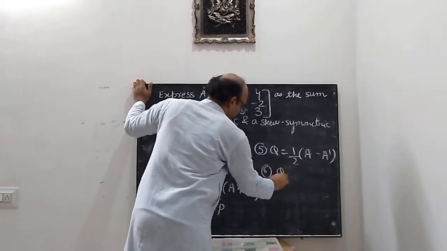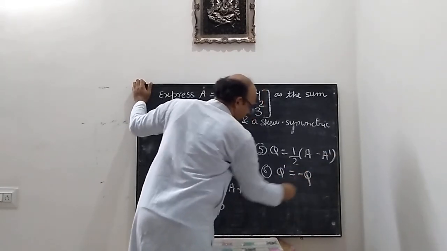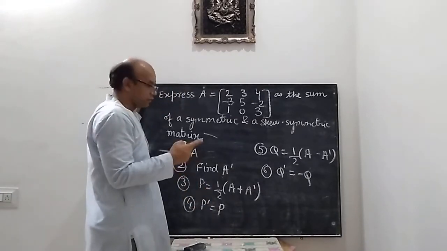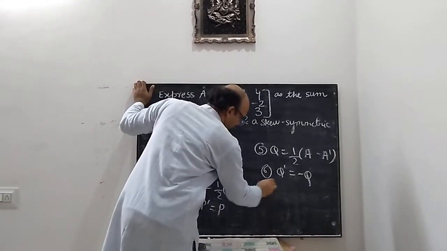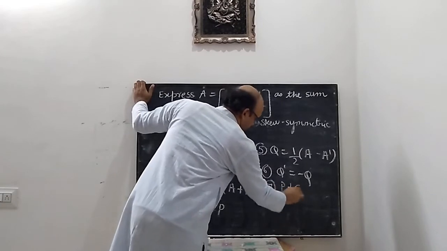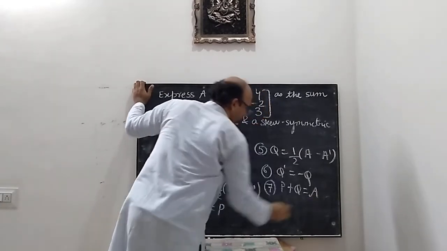Show that Q transpose is equal to minus Q, implying that Q is a skew symmetric matrix, and then show that P plus Q is equal to A.